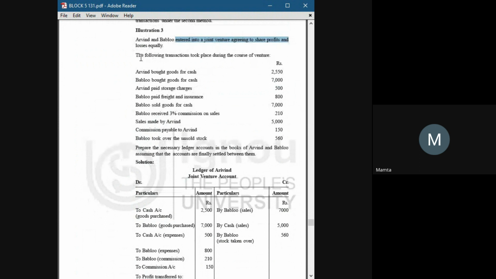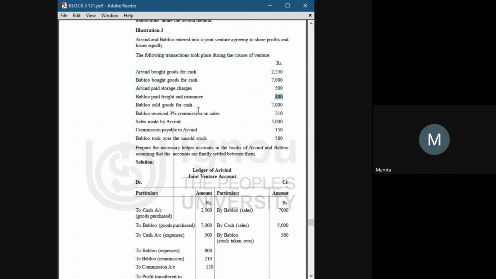The following transactions took place during the course of the venture. First, Arvind bought goods for cash, rupees 2,550. Bablu bought goods for cash, 7,000. Arvind paid storage charges, rupees 500. Bablu paid freight and insurance of rupees 800.